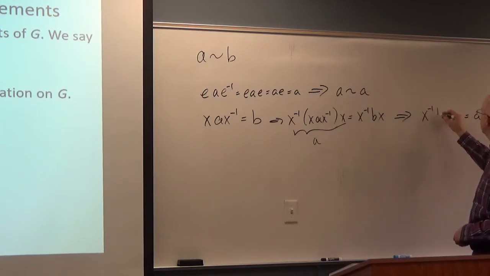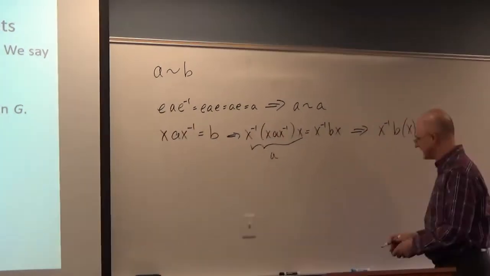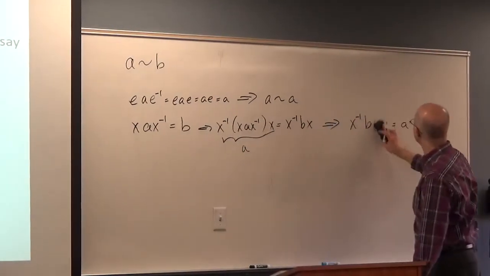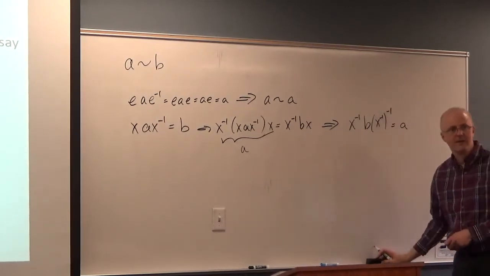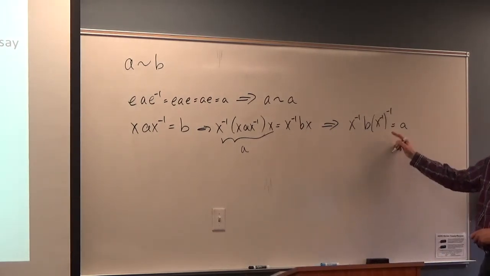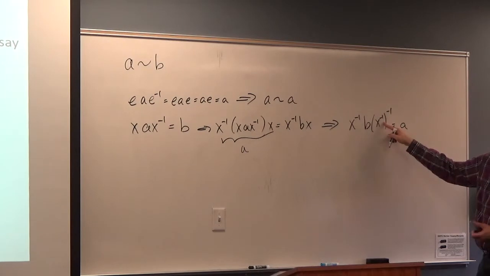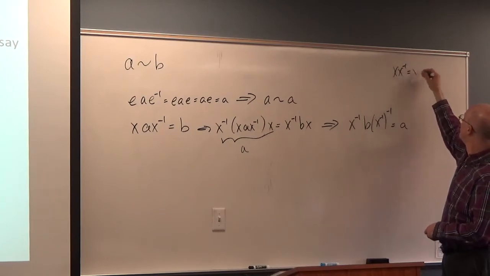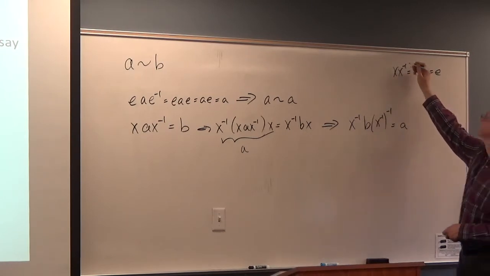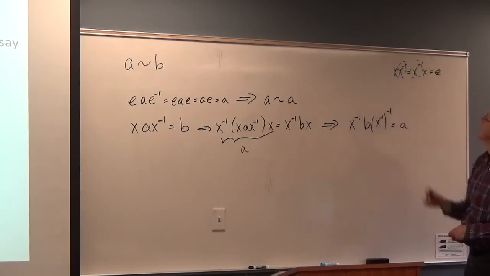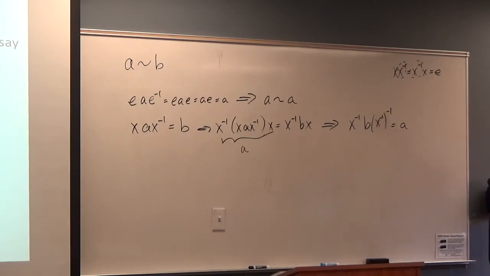And I'm also going to write this, because the inverse of X inverse is X. That equation says both that this symbol is the inverse of X as a group element, and it also says that the other one, the X, is the inverse of X inverse.